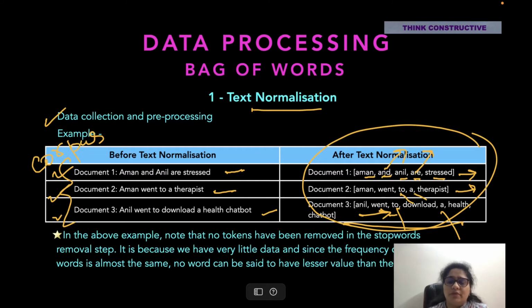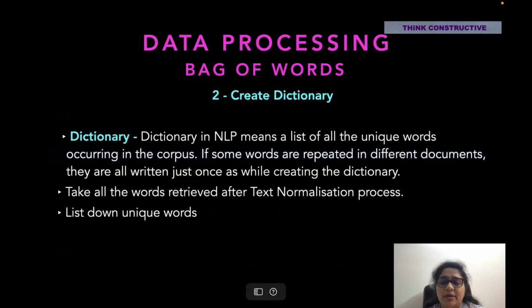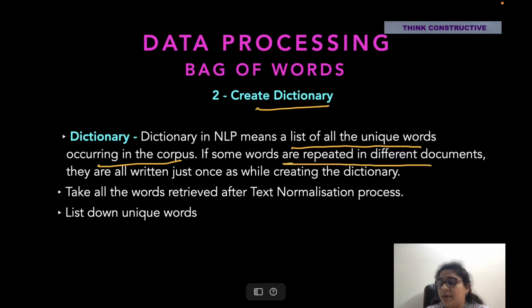So this list of words or tokens should be recorded as a unique word, one entry for each, and that will be termed as dictionary. So, list of all the unique words occurring in the corpus. And notice the important point: if some words are repeated in different documents, they will be written only once, because I am saying list of unique words in the entire corpus.